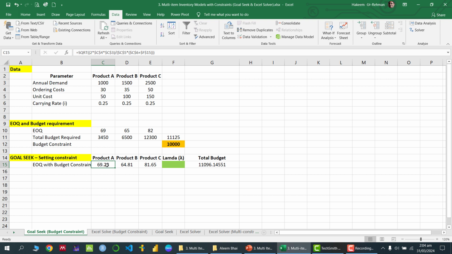So this multiplied by this, plus this multiplied by this, plus this multiplied by this, and divided by 2. So over here we are calculating the total budget cost.